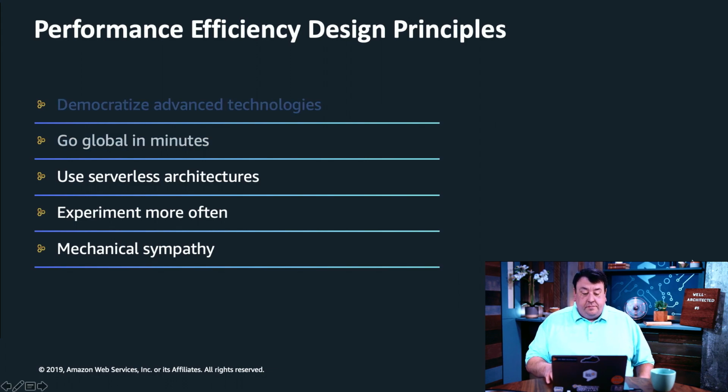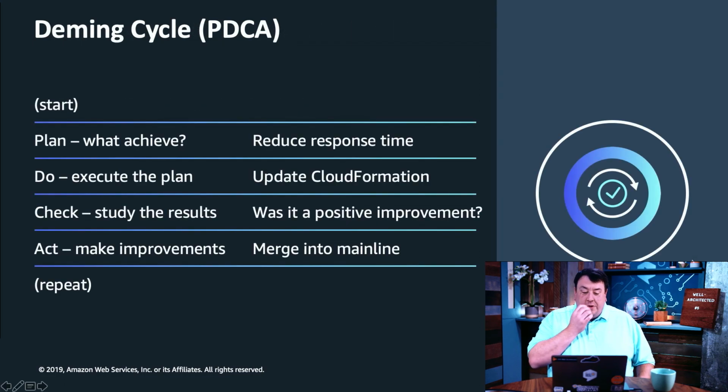So, when you look at how we are going to do this, we know that we need to make these changes, but now how are we going to do that? We're going to use something like a Deming cycle for this. So what we're basically going to do is plan, do, check, and then act. When we plan, what is the thing that we need to achieve?